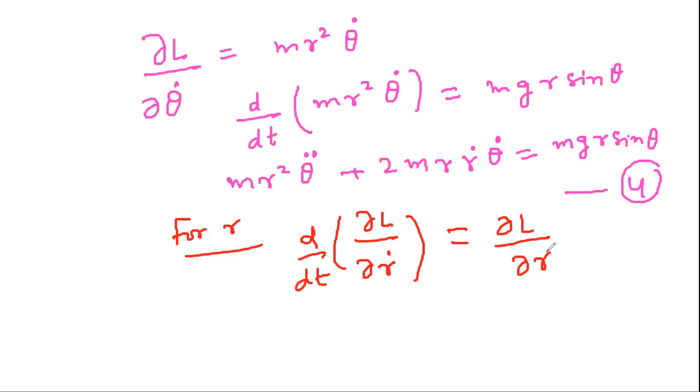So d by dt of dou L by dou r dot is equal to dou L by dou r. When you do it, I will write the result. You will check it at home yourself.